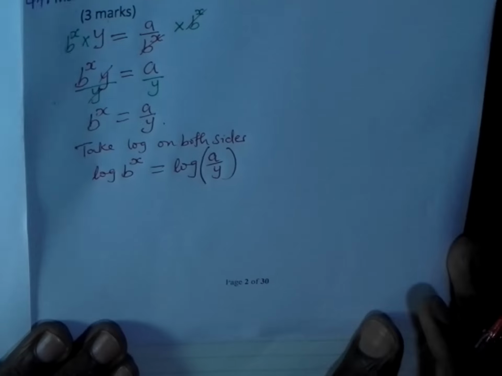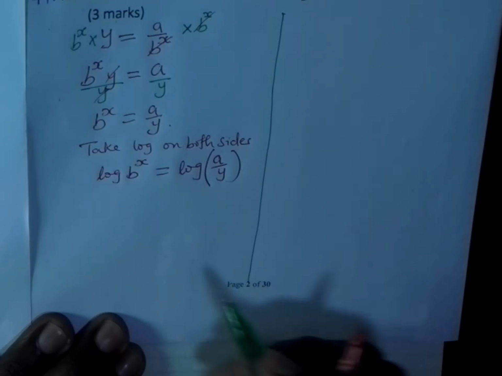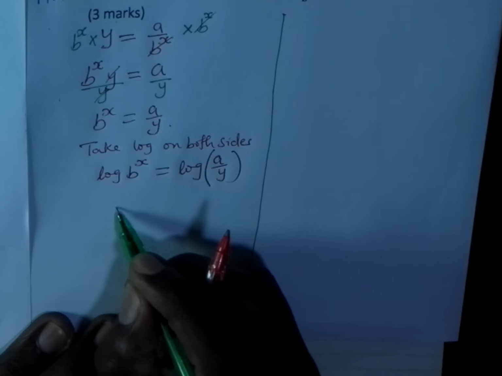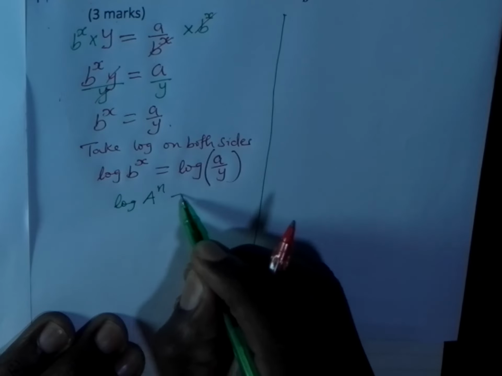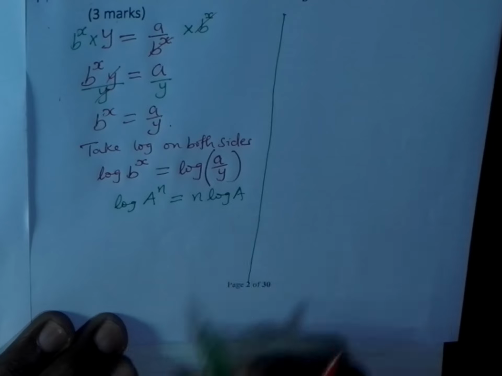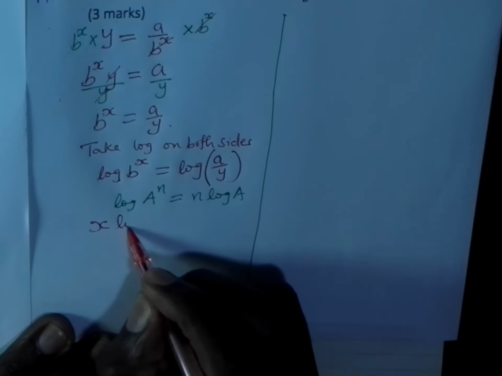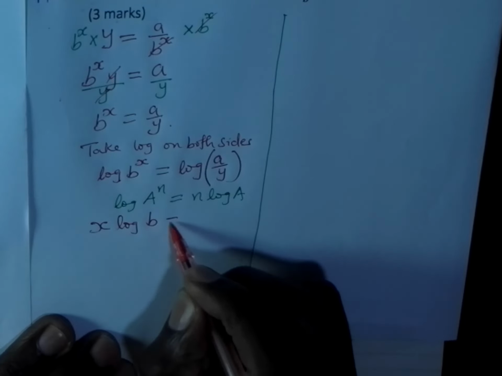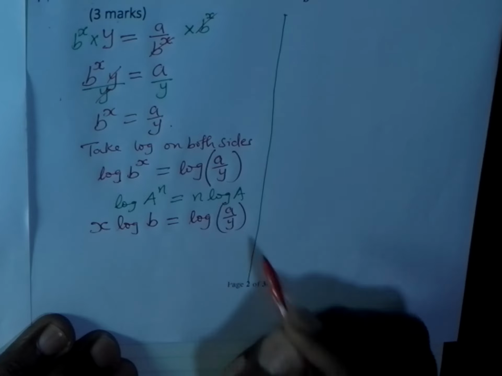Using the laws of logarithm, a logarithm of a number a raised to n can be written as n log a. Therefore, this can be written as x log b is equal to log of a over y.